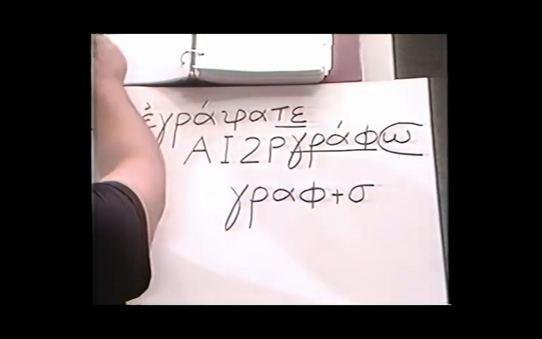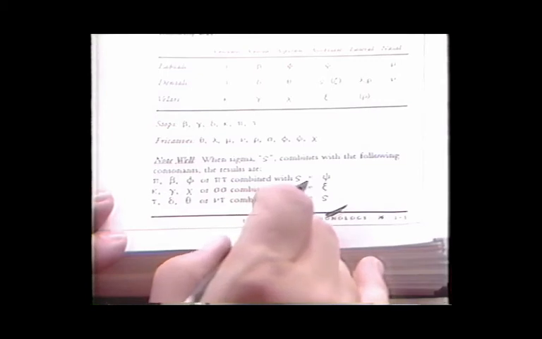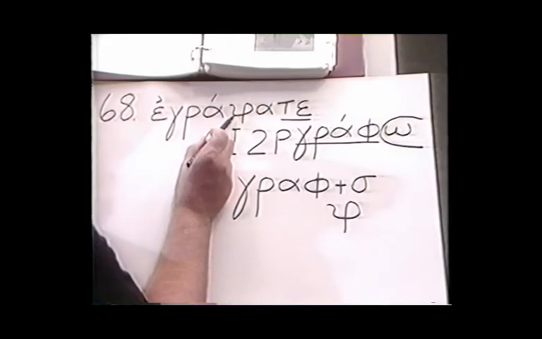Well, according to page 1-6, when a labial such as a phi is combined with sigma, we get a psi. So there is a sigma here. The phi and the sigma have combined together to make a psi.